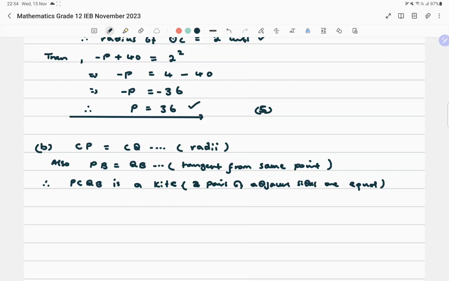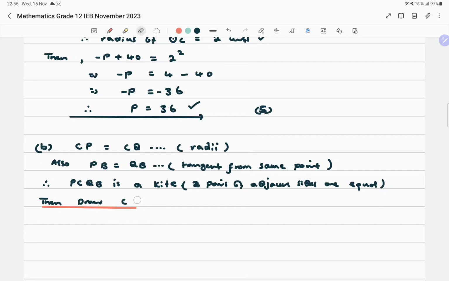Okay, so if this is a kite, we can say then, draw CB. Now this one is a construction, so this is our creativity trying to kick in here.